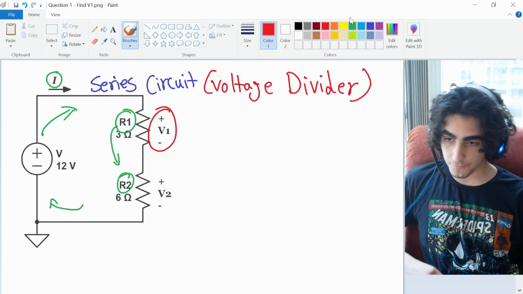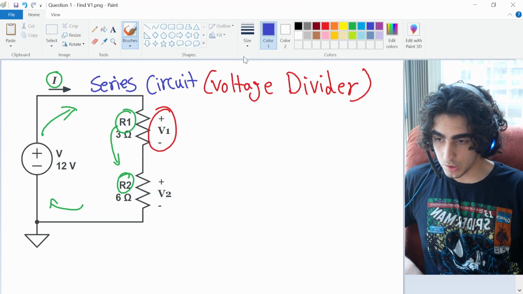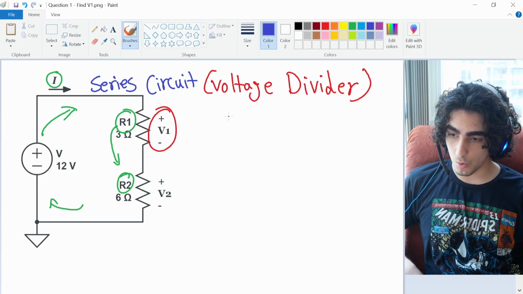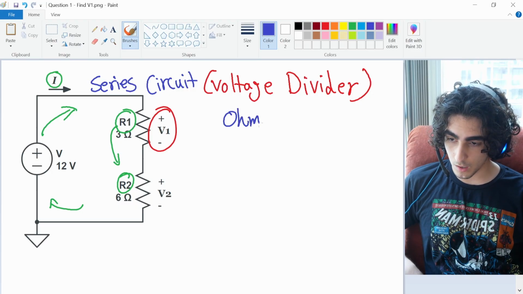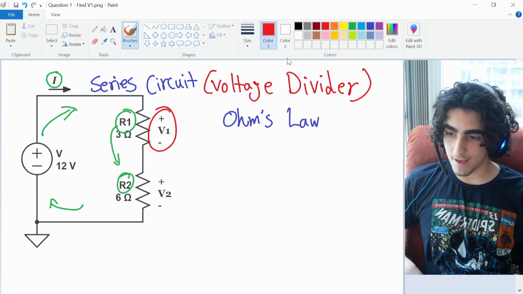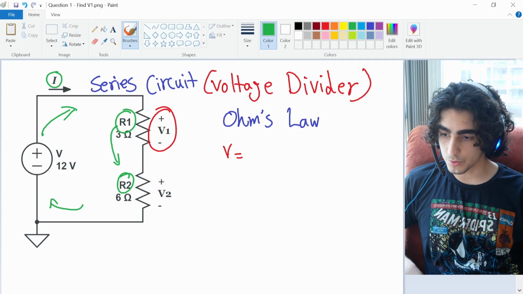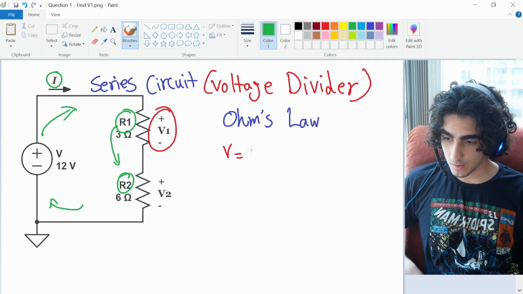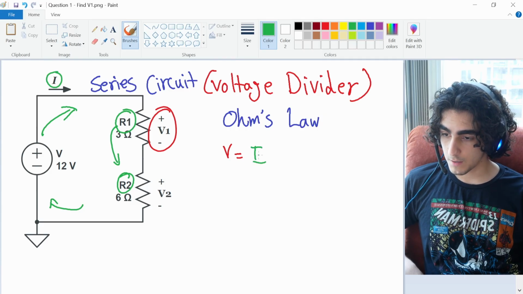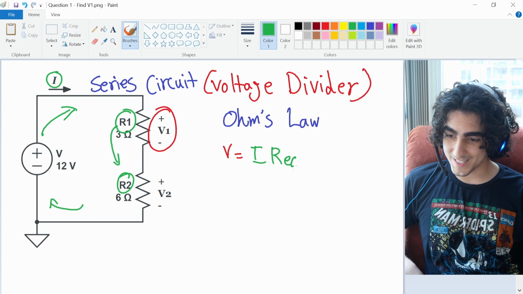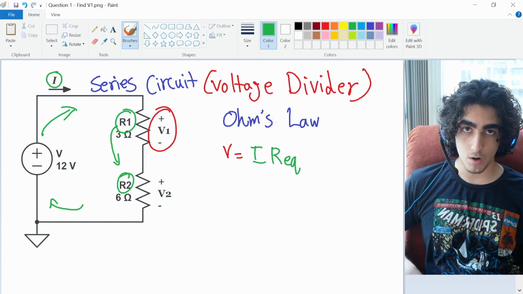So what's the first step? What we can use is something called Ohm's law. Ohm's law states that voltage in a circuit is equal to the current, the flow of electric charge, multiplied by the equivalent resistance. What is an equivalent resistance?